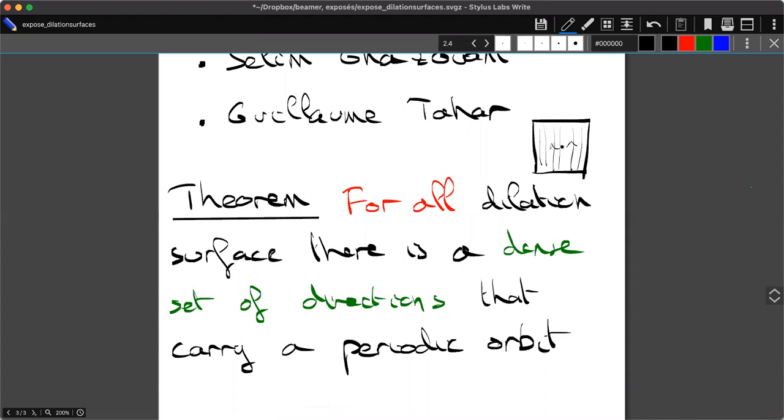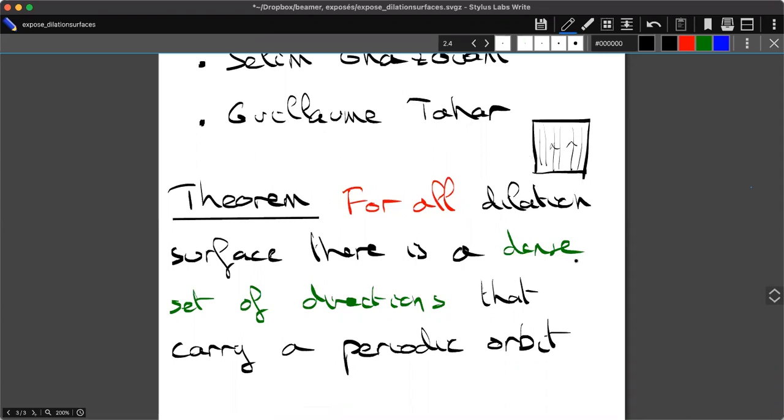Is the statement clear? On the set of affine interval exchanges, it means somehow that most of the interval exchanges have periodic orbits in this sense. But I should comment that this theorem is not at all satisfying from the measure perspective.